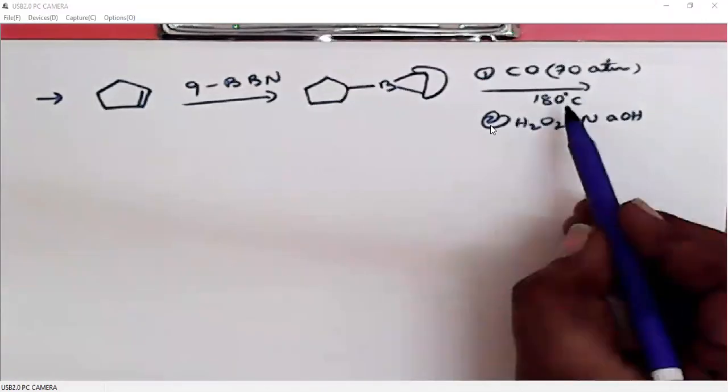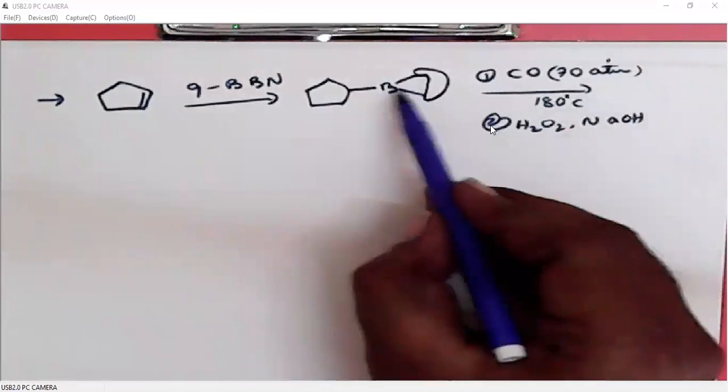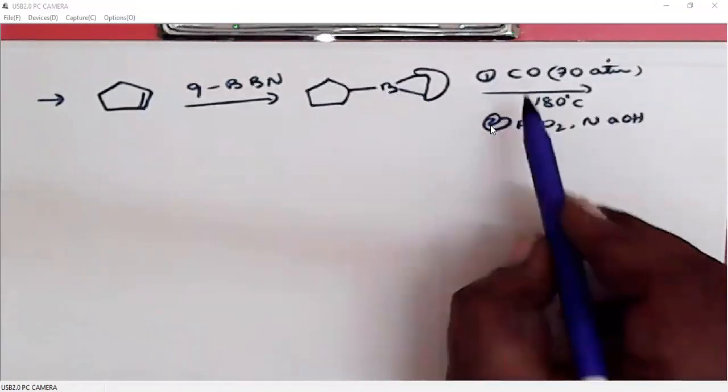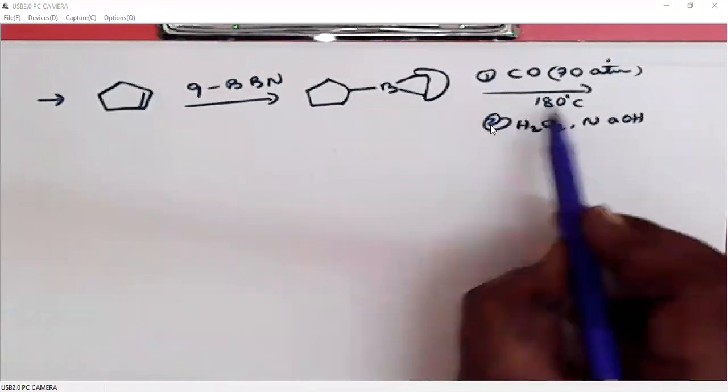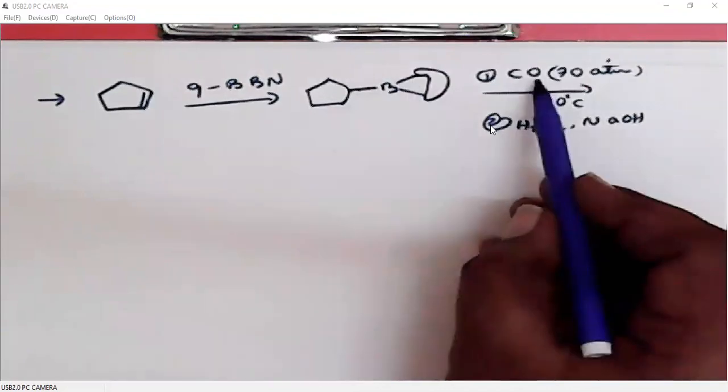Because we are using very high temperatures, all the alkyl groups will shift to the carbonyl carbon. All three alkyl groups will shift to the carbonyl carbon.